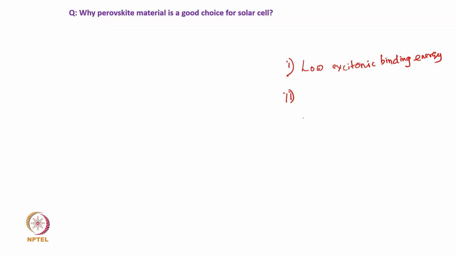Second is high absorption coefficient of light, and it can be over a large spectrum of solar light. The third important property of perovskite material is tunable band gap.